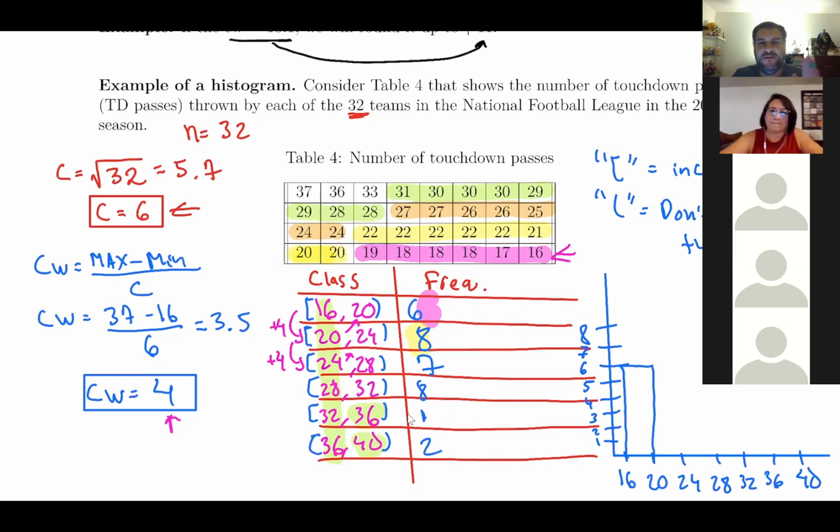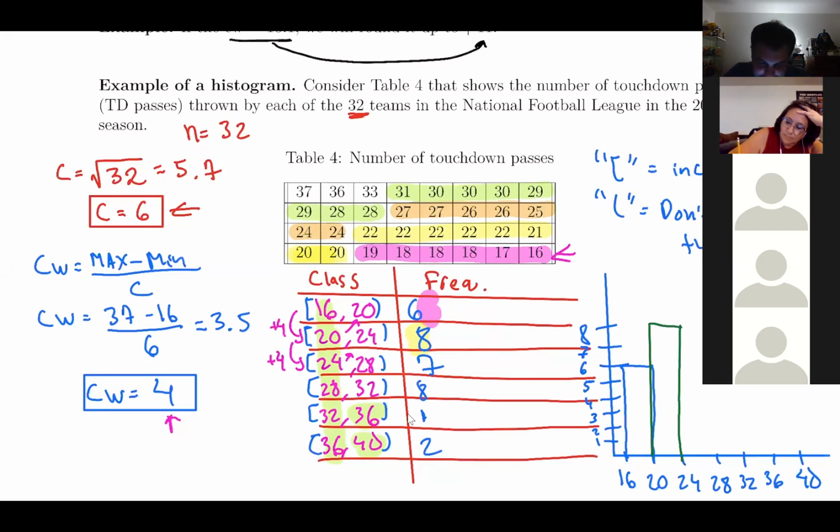Then from 20 to 24 is a frequency of 8, so we'll do this in a different color. From 20, you go up to a frequency of 8, and then come down at 24. Then 24 to 28 is a frequency of 7.